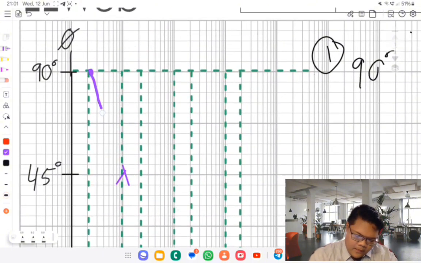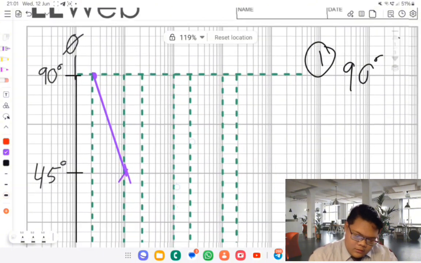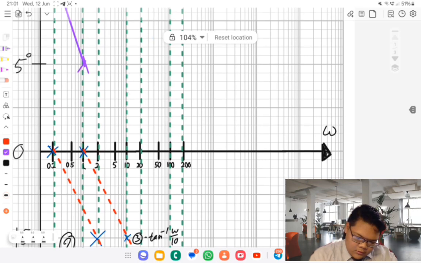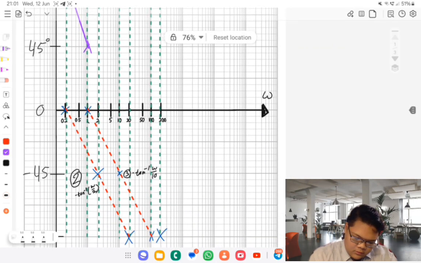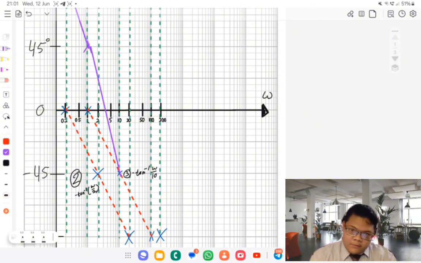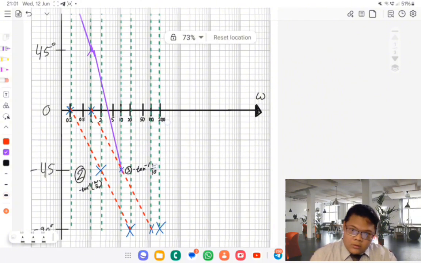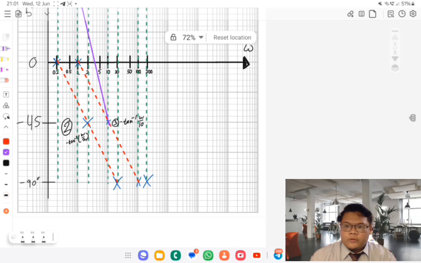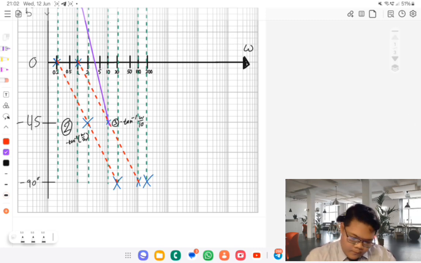Here, and then the second part is connect to here, and the last part is we will connect to the 100. Okay, like that.